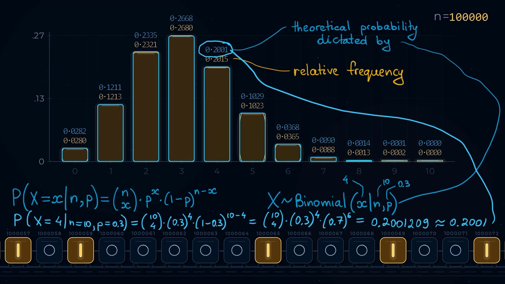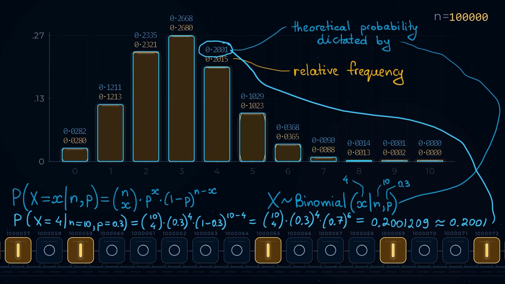If we kept repeating this experiment and go beyond 100,000 repetitions to millions, the relative frequencies in yellow would approach the theoretical probabilities in blue closer and closer, eventually converging to them.